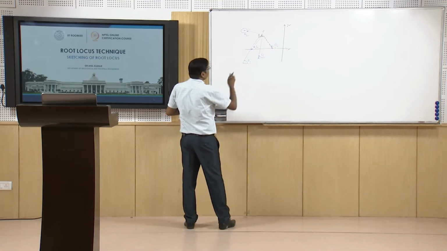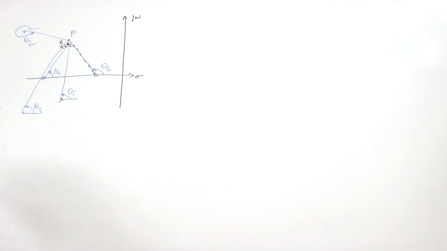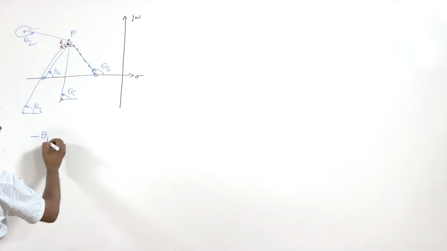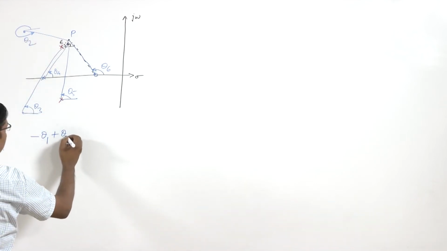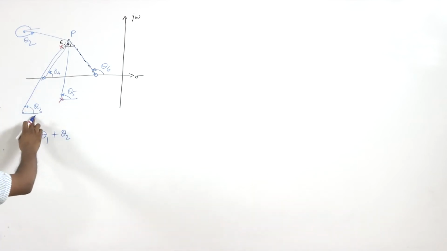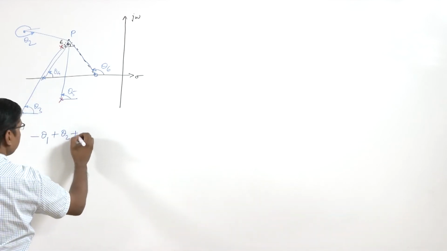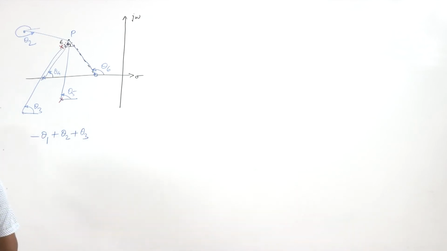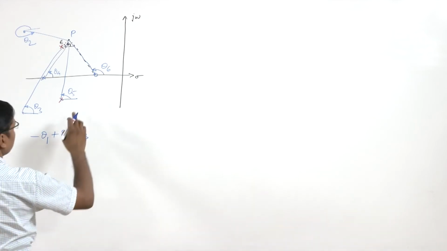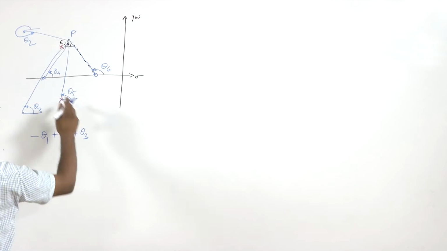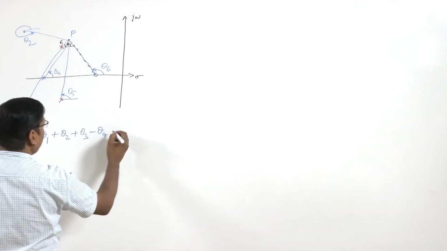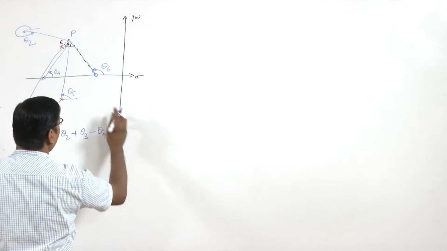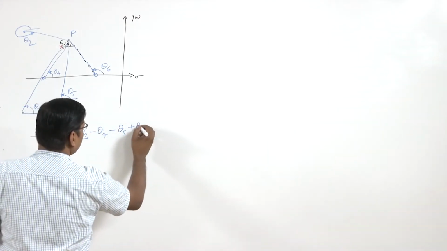Because this is a pole, it is minus theta 1; this is a zero, so plus theta 2; then this is a zero, so plus theta 3; this is a pole, so minus theta 4; this is a pole, minus theta 5; and this is a zero, so plus theta 6.